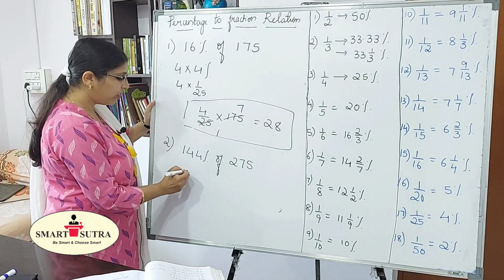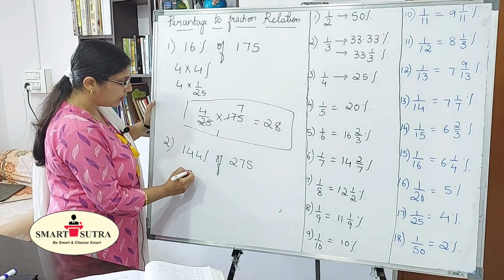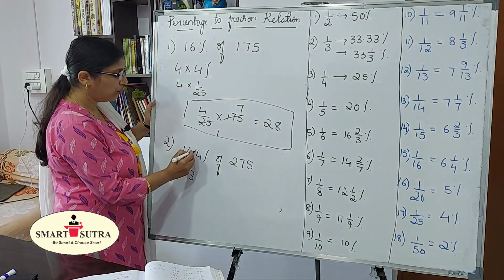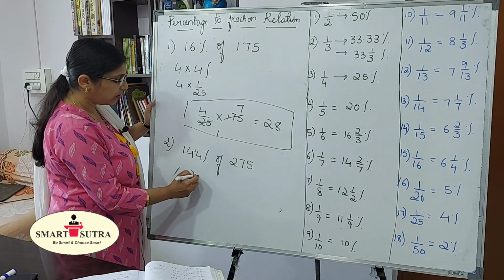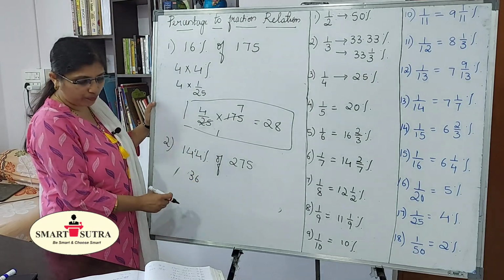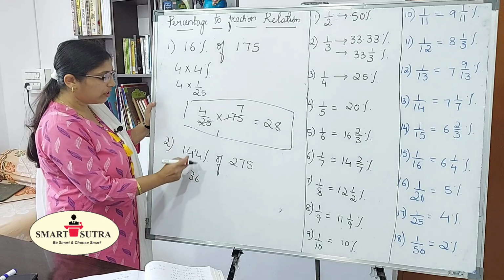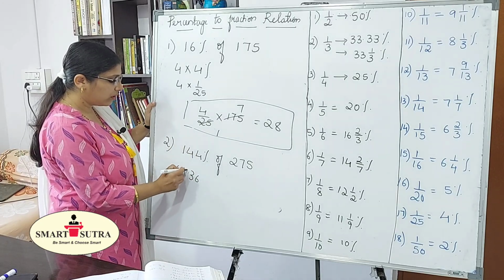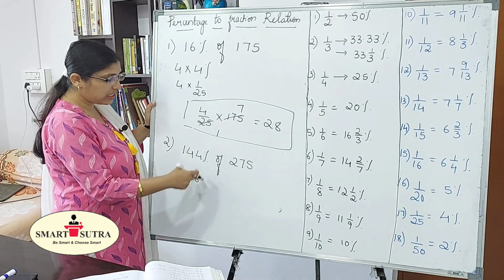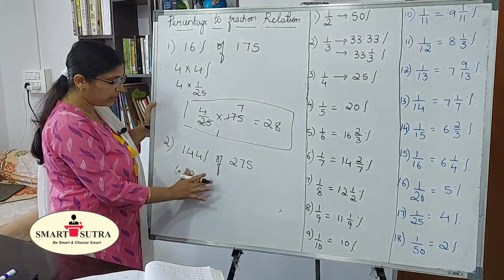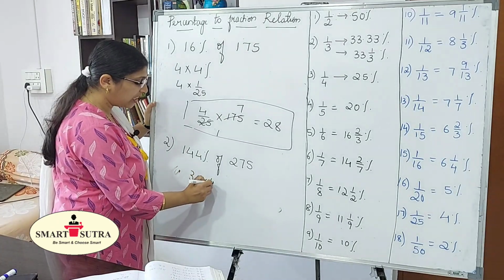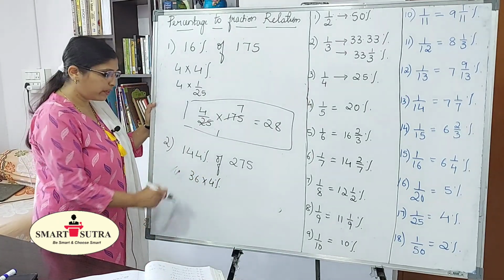It goes by 4 how many times? 4 3s are 12, 2 remains, 4 6s are 24. So it is 36 times of 4%. 144 is 36 times of 4%.